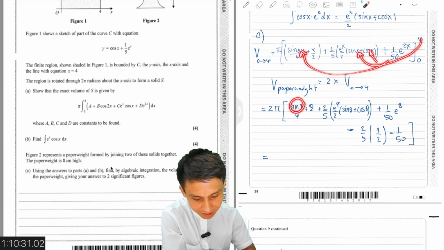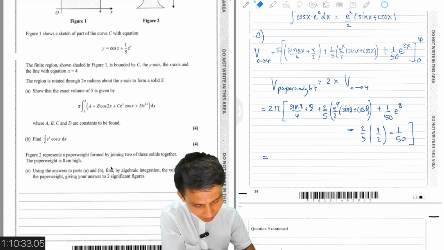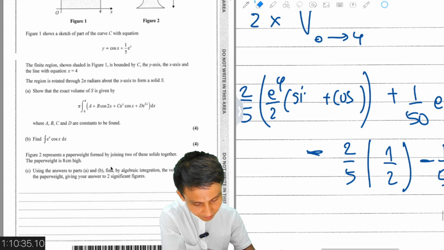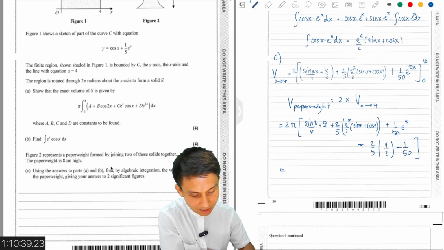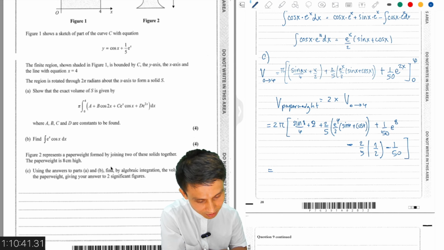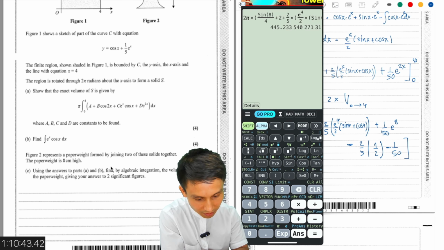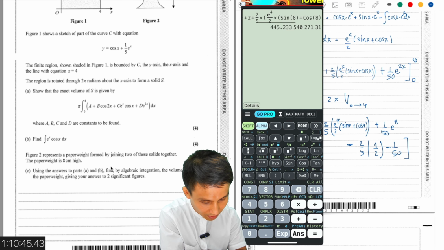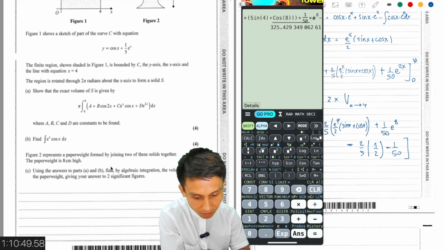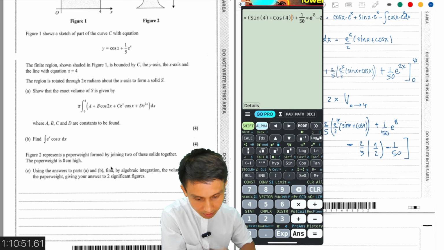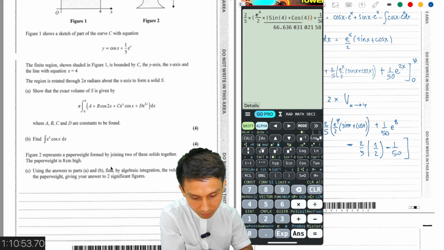This was sine 8 because it multiplies by 2. Almost made a mistake there, guys. Okay, sine 4 and sine 4. But good that I kept everything, so I didn't lose that. E to the 4 there, and then I have sine 4 here, and also cos 4 here. E to the 4 over 2.